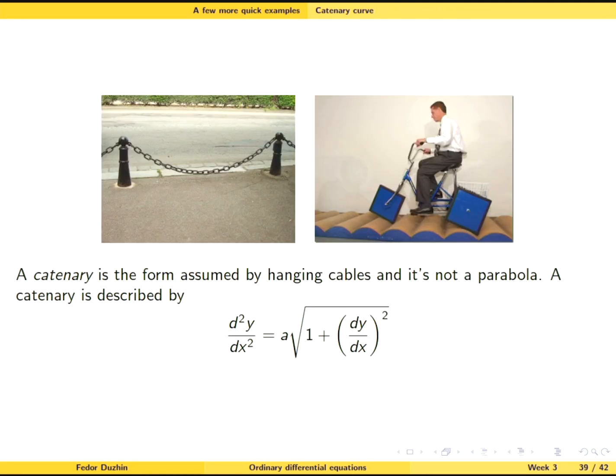All right, so another example is the catenary curve. The catenary curve is the form assumed by hanging cables or ropes. It has this funny property that if you design the shape of the floor as many turned over catenary curves, then you will be able to ride along such a floor on square wheels evenly.